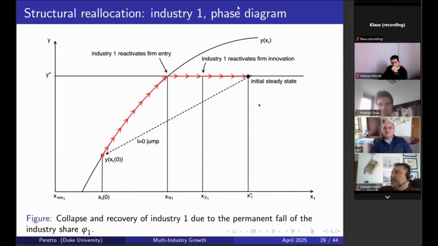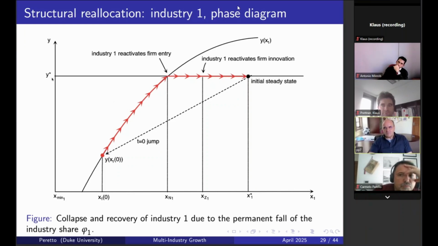But now it's only industry one that behaves that way, that crashes to this point over here, and then it recovers through restructuring. What is the restructuring here? Nobody invests, no entry, gradual exit of existing firms until the number of firms becomes again in line with the size of the market. At that point, this industry has converged back to the threshold for activation of gross entry.